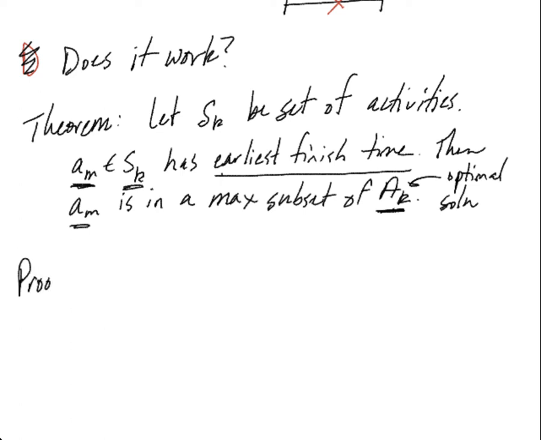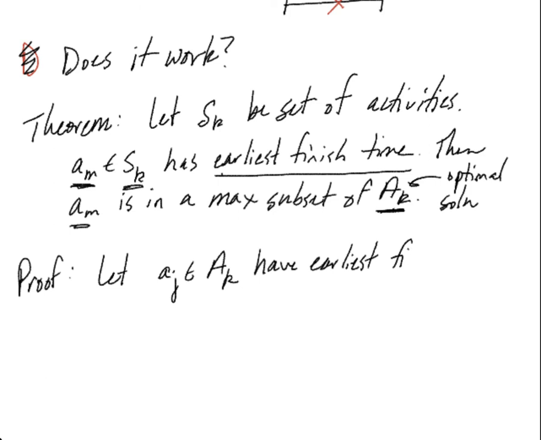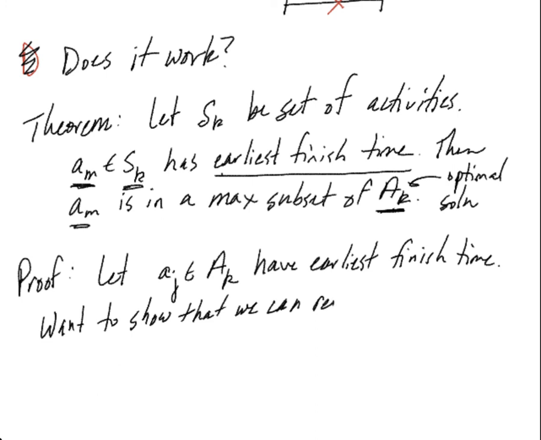Here's the proof. So we are going to let A sub j be in the optimal solution, and it's going to have the earliest finish time. We want to show that we can replace A sub j with A sub m.